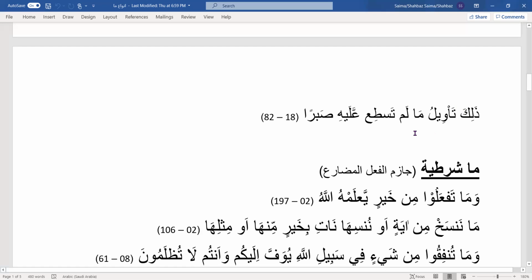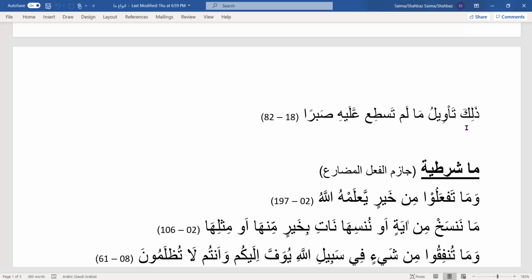So if this meets the conditions of mudaf, we can say tawilu is mudaf, and malam tasti alayhi sabra is mudaf ilay. So tawilu and this phrase make mudaf ilay, and together they become a khabar of dhalika. Dhalika is mubtada, and this is a jumla ismiyah. Make sense or no?